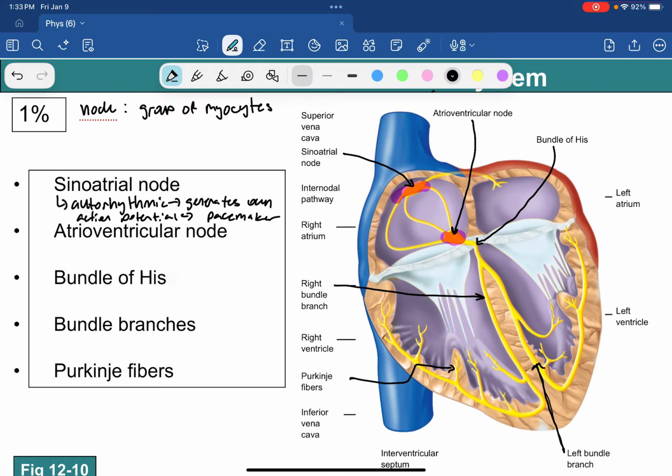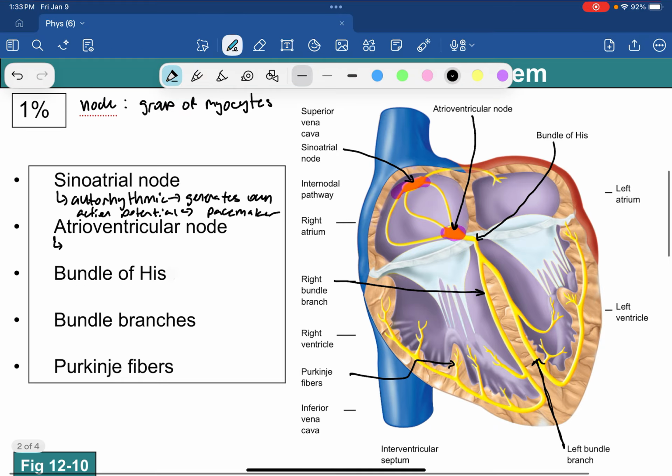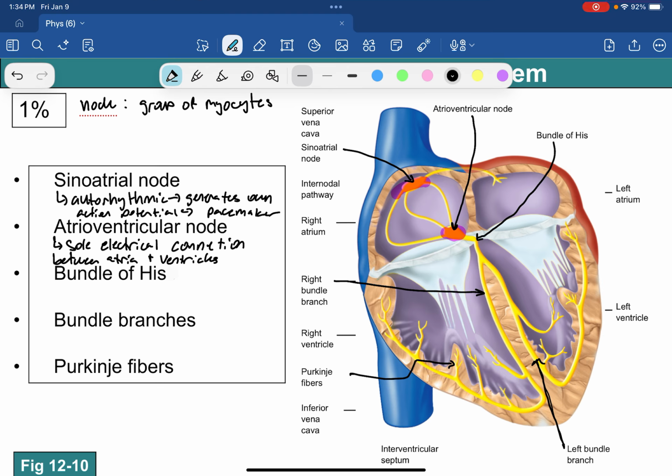This atrioventricular node is the sole electrical connection between the atria and the ventricles. So it's very important, and it keeps them in pace with each other.